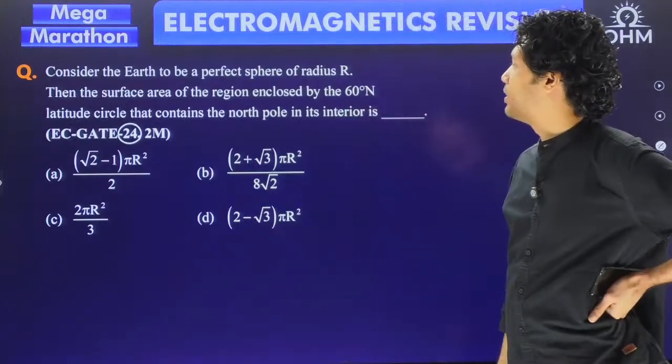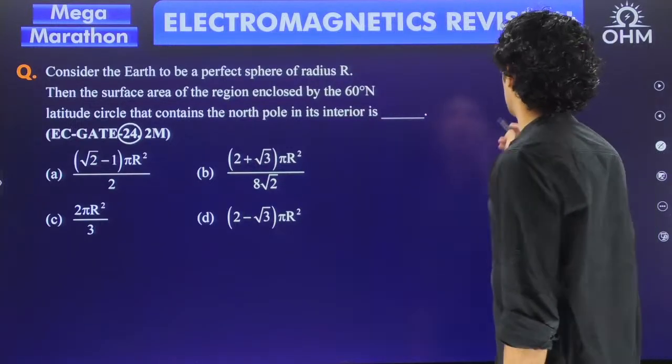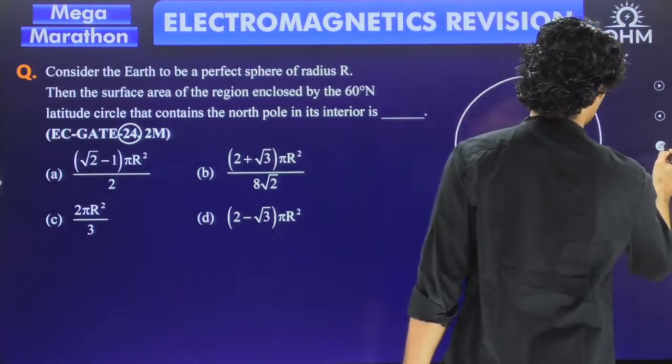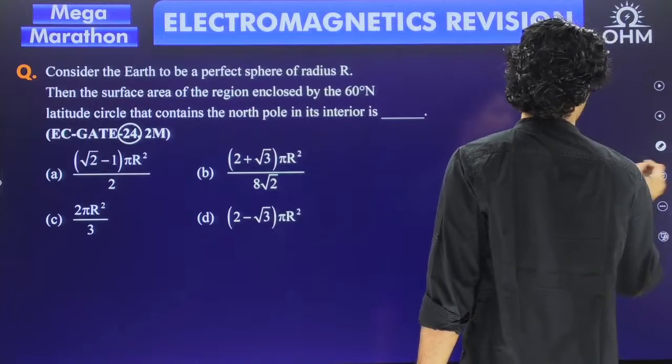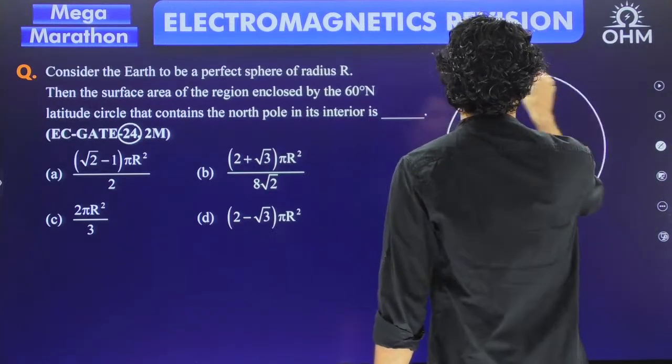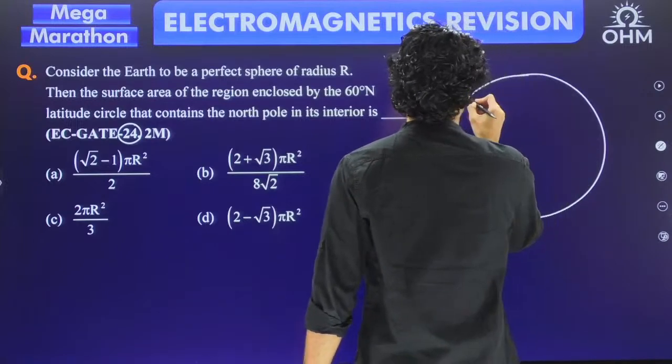Consider the earth to be a perfect sphere of radius r. So let me take the earth to be a perfect sphere.